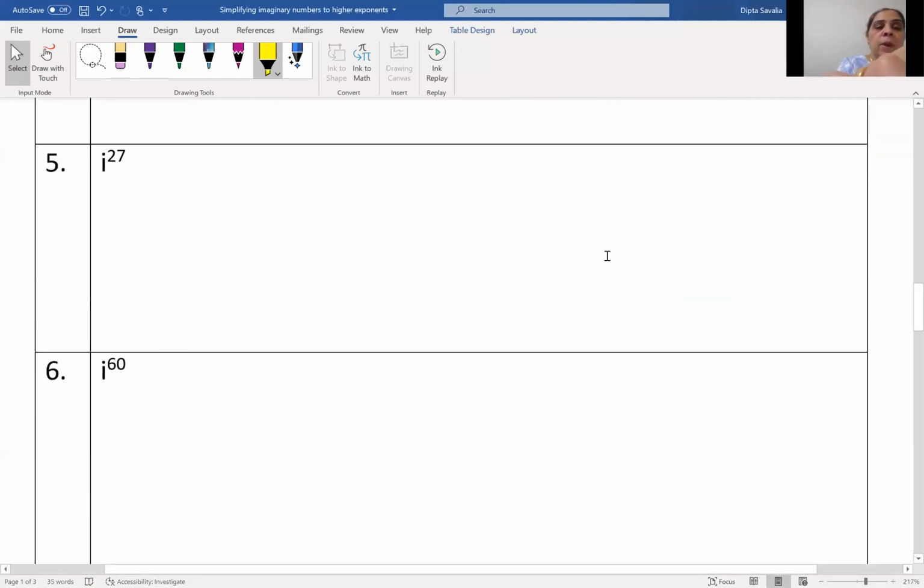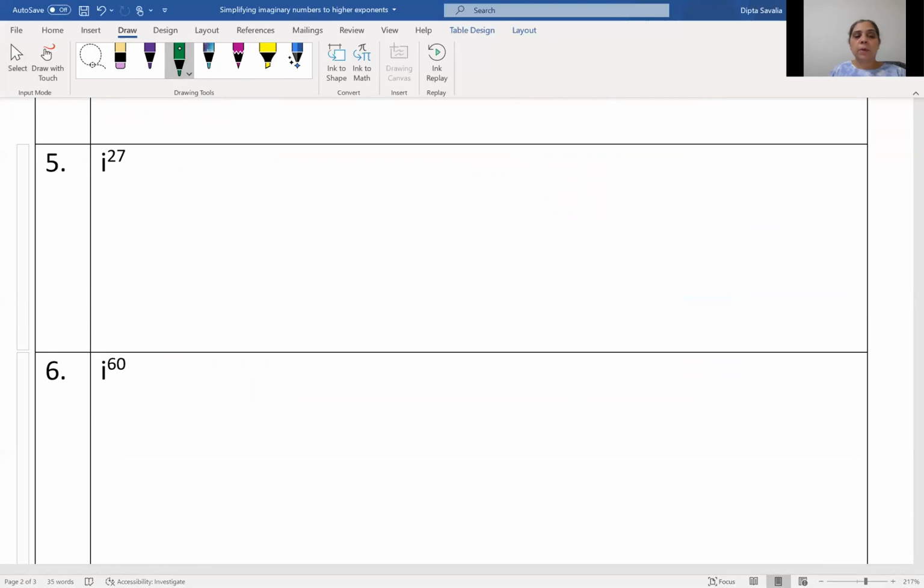So let's say we have i to the 27th power. What number do we have on i to get +1? We knew i to the fourth power is 1, right? So how many times can you write i to the fourth power from i to the 27th?